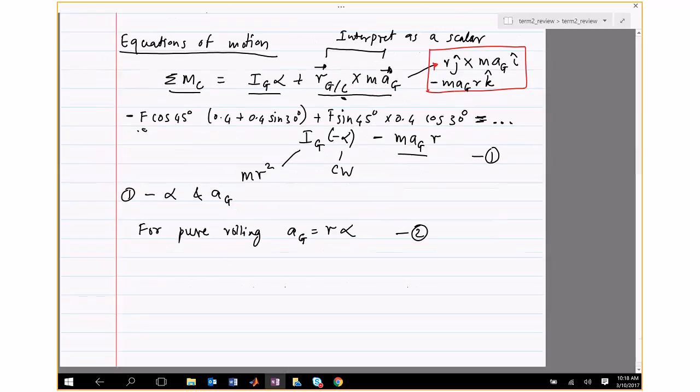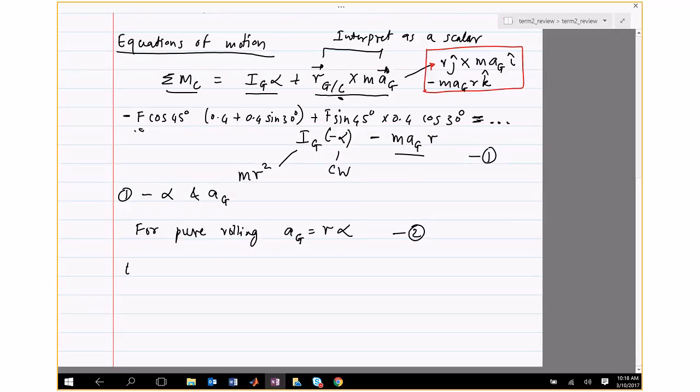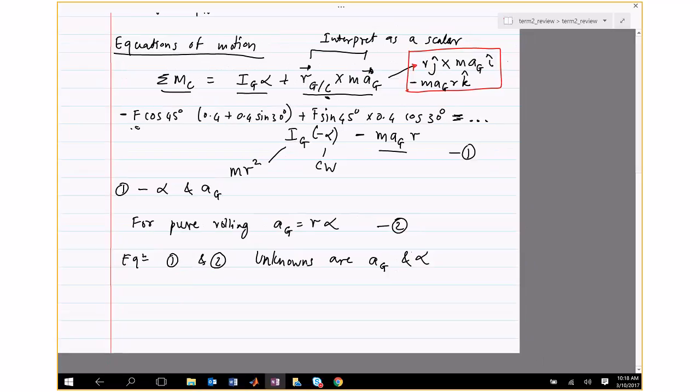So what we have here effectively is equations 1 and 2, and the unknowns are Ag and alpha. So we can solve for those two unknowns. I'll leave it to you as an exercise. By the way, I should have written it this way.